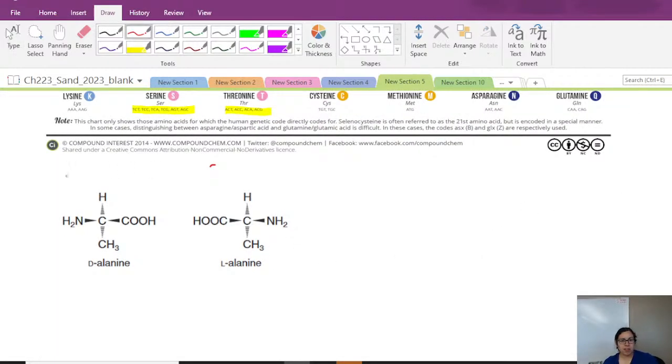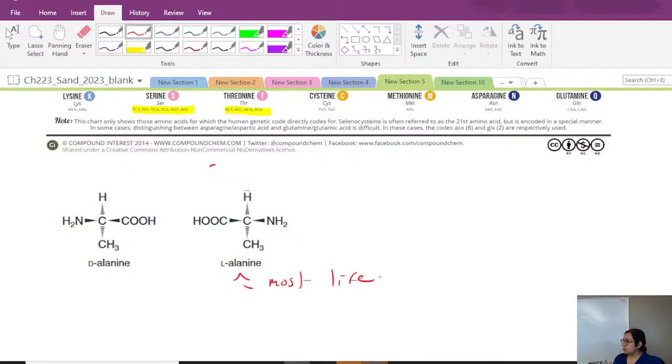Right, so this is a chiral center. Just a refresher, a chiral center has 4 different things attached to it, doesn't matter what those things are. We've touched upon it with the origin of life, I believe. Most of life is L-based.